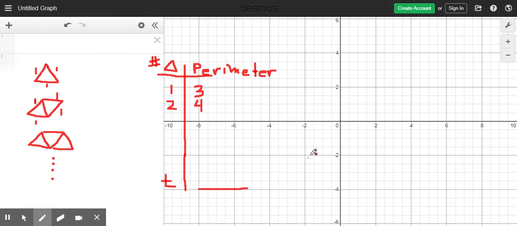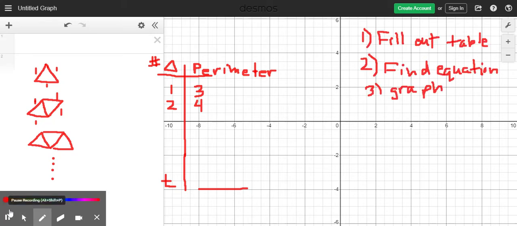And after you have that expression figured out, write the equation and graph the equation. Okay, so do 3 things. Fill out the table, draw more of those triangles to find the pattern, fill out the table. Number 2, find the equation, and then graph the equation.